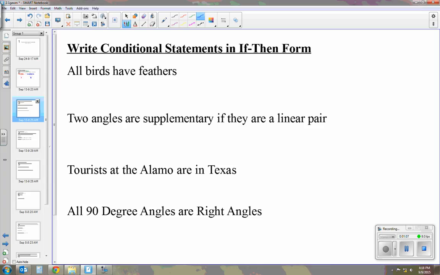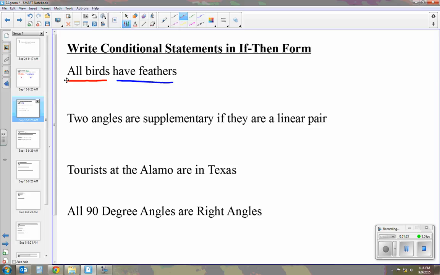So let's practice writing if-then statements. We're going to take our statement and write it into if-then form. The first one says, all birds have feathers. If we take a look at this sentence, we're going to break it up into two pieces. Our first part is all birds, and the second part is have feathers. So we kind of have a hypothesis and a conclusion already. We can add a few words in here to make it sound good when we put it into if-then form.